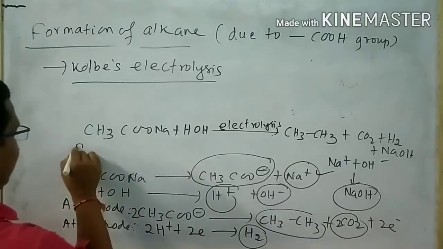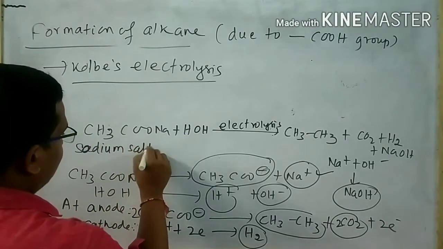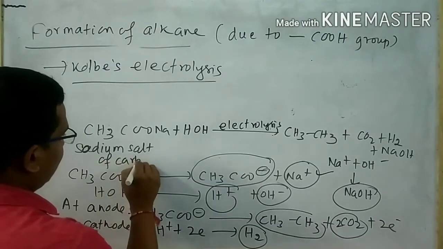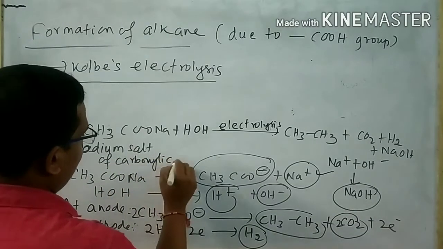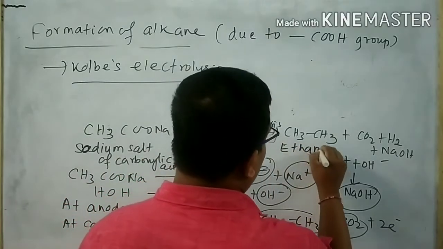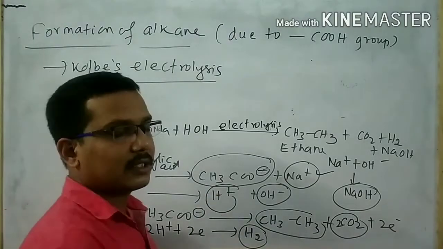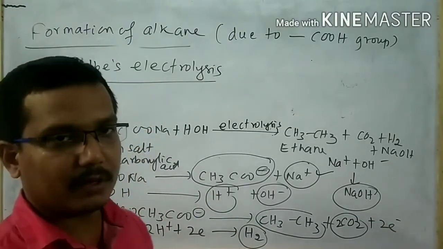This is said to be the sodium salt of carboxylic acid, and this is said to be ethane. Then what will be the statement for this reaction? When the sodium salt of carboxylic acid undergoes electrolysis, then ethane is formed.